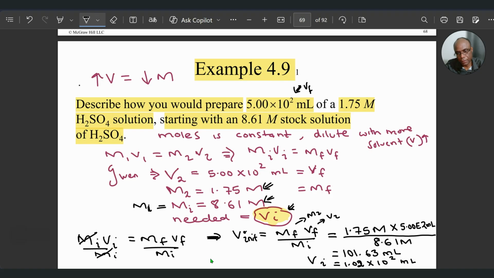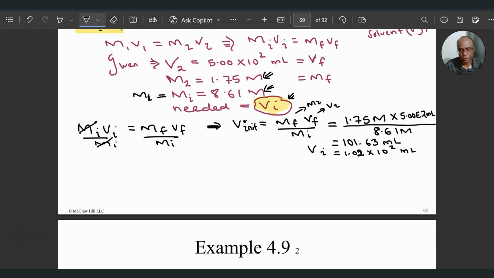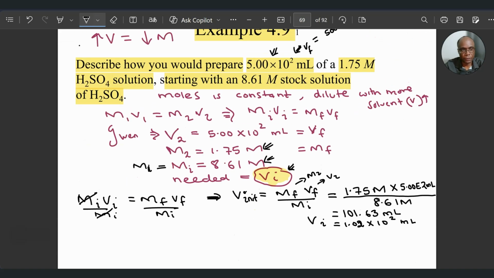That is our volume that we need to dilute to 500 ml. Vf here is 500 ml. That's the final volume. So the volume of stock solution needed to be diluted is about 102 ml. Now, it's asking me to describe how I would prepare this solution, right?